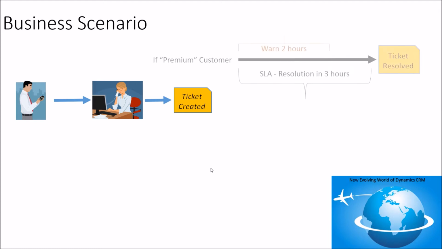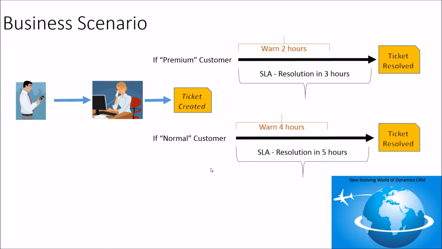If this customer is a premium customer, then the company will like to resolve his query, his services, his problem within 3 hours. But if he's a normal customer, then the company will like to resolve his ticket within 5 hours. Premium customers are given more weightage because they bring more business.